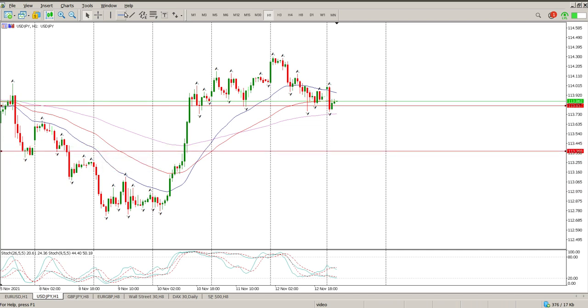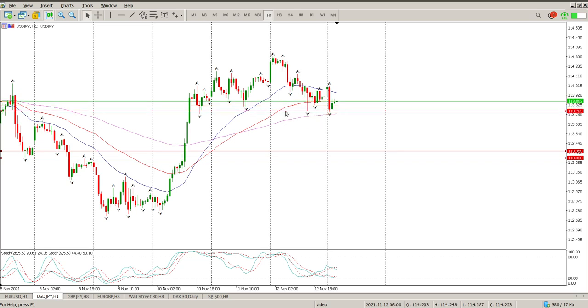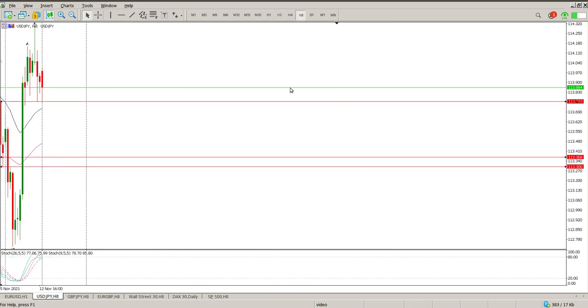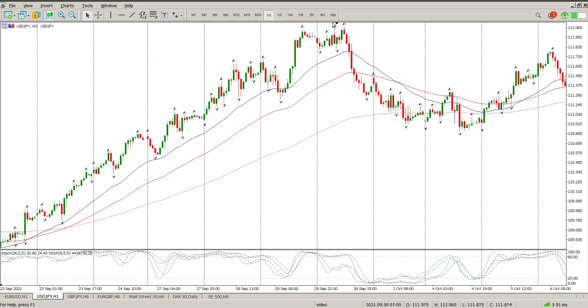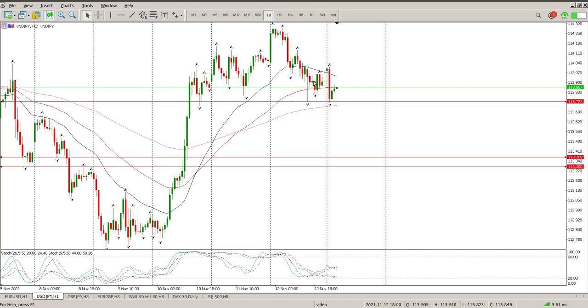A bit messy, but structure nevertheless. If we do start dropping below the lows of Friday, which is right over here at 113.763, then I would expect us to hit back down to 113.368. And if we look at the 8 hour, you'll see that would be the bottom of the range. So very much a big range play in motion at the moment. Nice big head and shoulders. If it does break and retest, there is a fairly decent opportunity for that short. Stop would be above the current high of today.